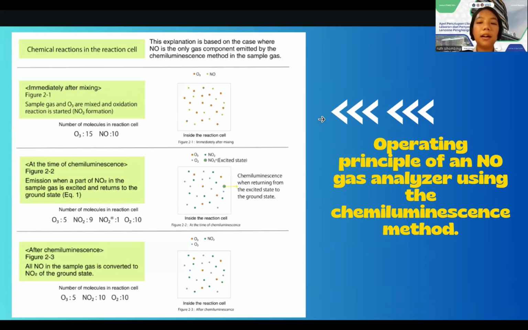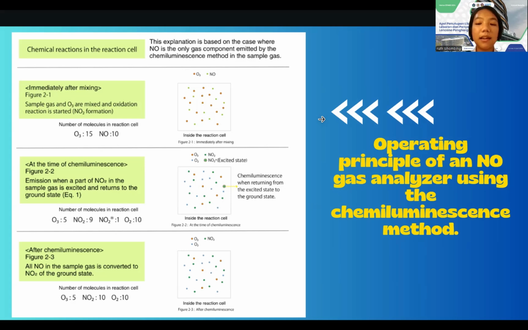Okay, next, here there is an image that explains the operating principle of an NO gas analyzer using the chemiluminescence method. There are two columns, the first column tells us about the chemical reaction in the reaction cell, and the second column shows us the explanation of the case.